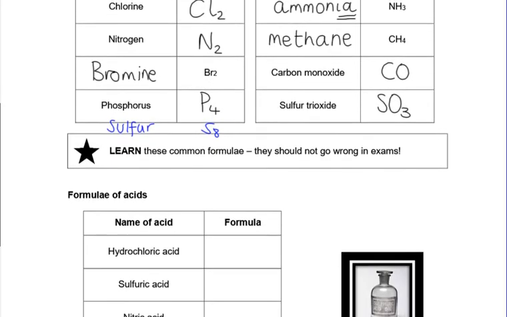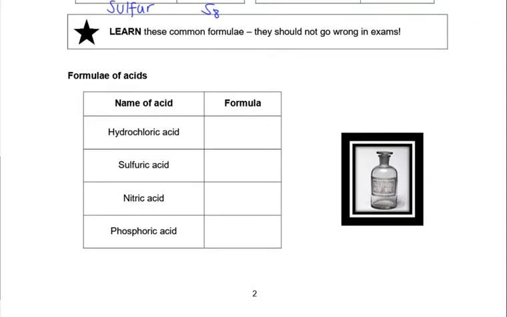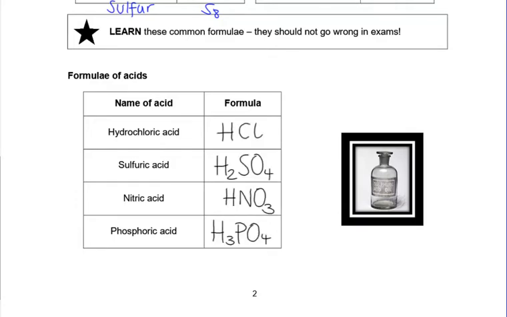What about the acids that you might come across? Pause the video now and see how many of these acids you actually know from the top of your head. There you go. We would hope that you would know the formulas of hydrochloric and sulfuric acid, but perhaps you are not as familiar with nitric, HNO3.